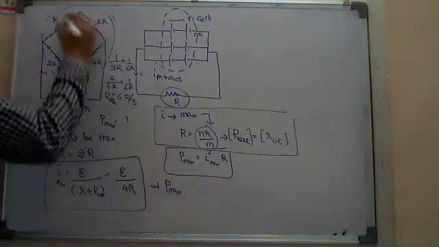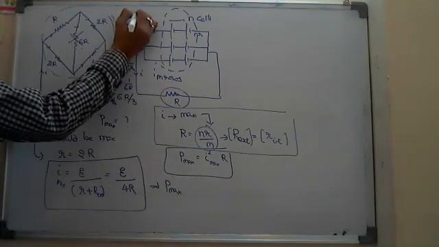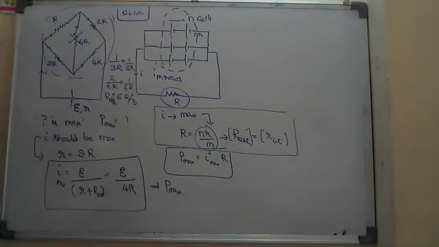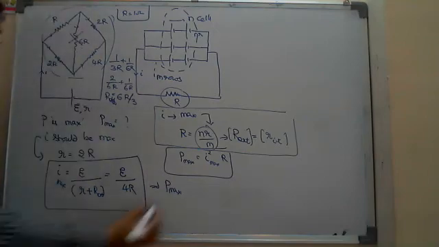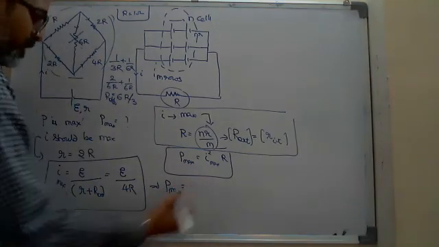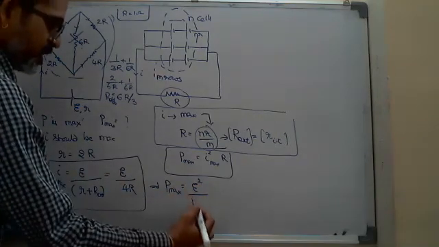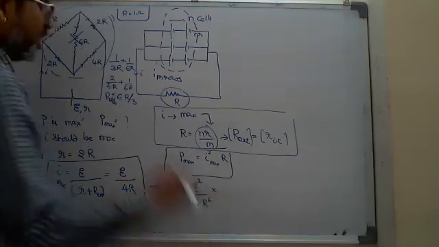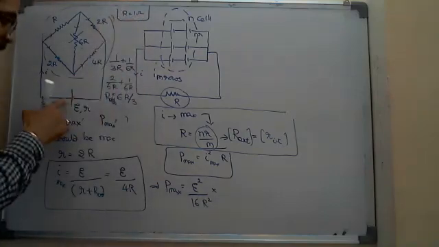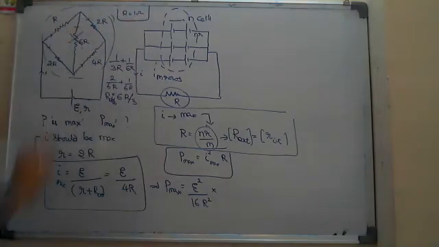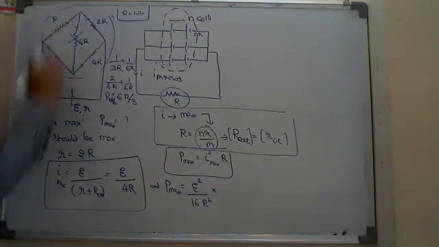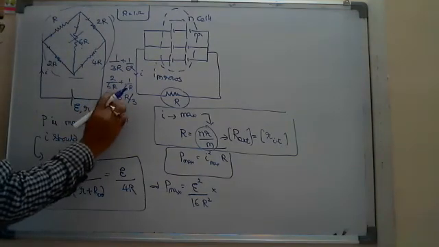If they give each R equal to, say, 1 ohm, then you can say the answer in the circuit. Power max is equal to I square into R, that is E square by 16R square into R. Here R means the total external resistance, which is 2R.